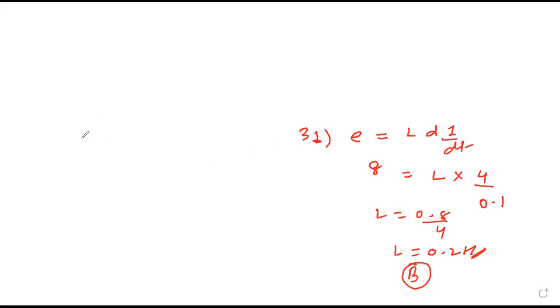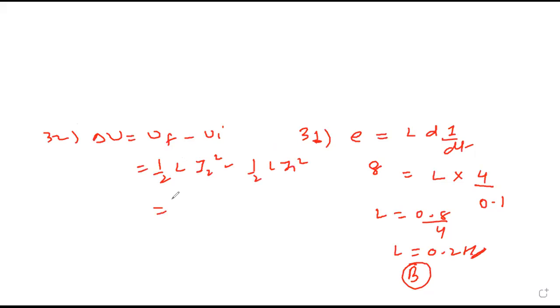32. The change in energy of the magnetic field is how much? Change in energy is final energy minus initial. That is half L I2 square minus half L I1 square. Half L into I2 square minus I1 square.